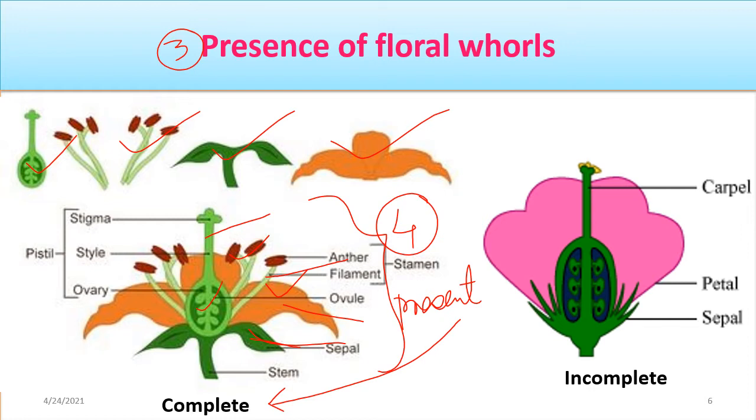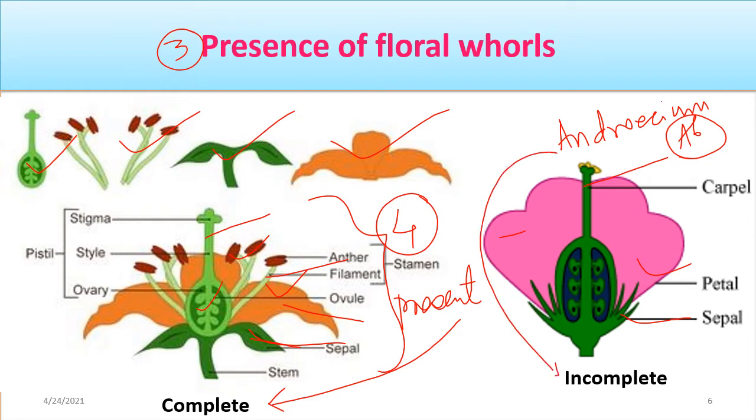But on the other hand, if you look at this flower, here there is a sepal, that is calyx, the corolla is there, this is carpel, meaning gynoecium is there, but one floral whorl is absent, that is androecium. Due to this missing floral whorl, this flower is called incomplete.